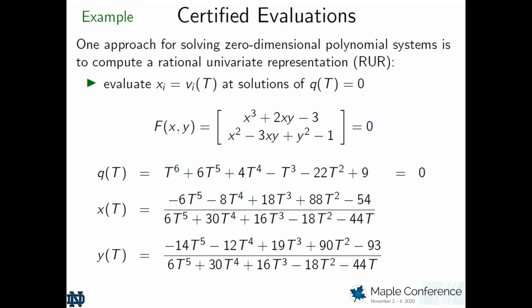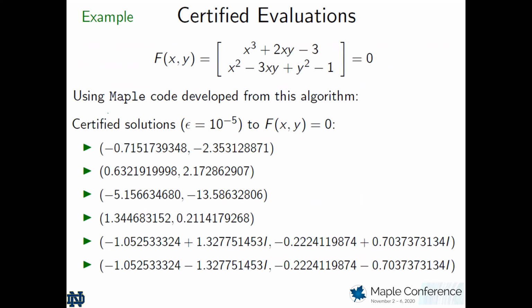So we can apply our method to bound evaluations of these functions x and y at the roots of q. And so in the Maple code that we developed, we applied the epsilon of 10 to the minus fifth to these functions.